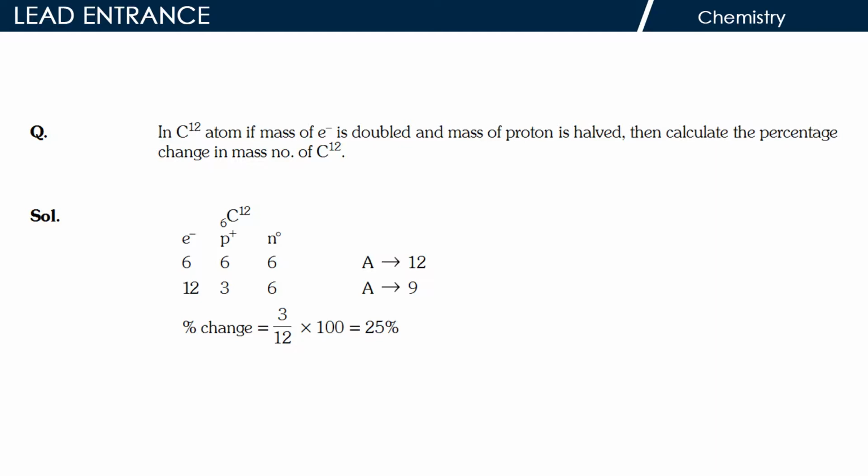If the mass of electron is doubled and the mass of proton is halved, then number of electrons is 12, number of protons is 3 and number of neutrons is 6. Therefore the mass number changes from 12 to 9. Percentage change is equal to 3 divided by 12 into 100, which is equal to 25%.